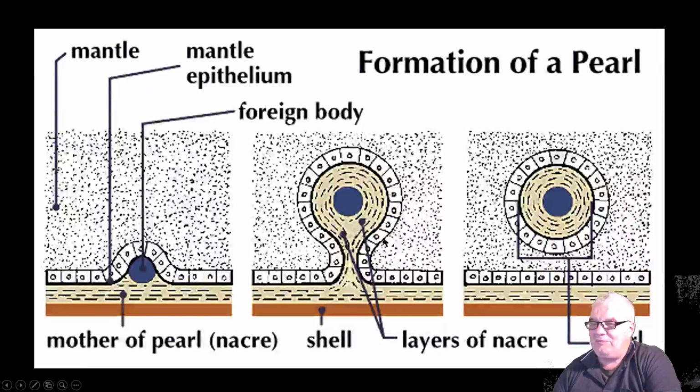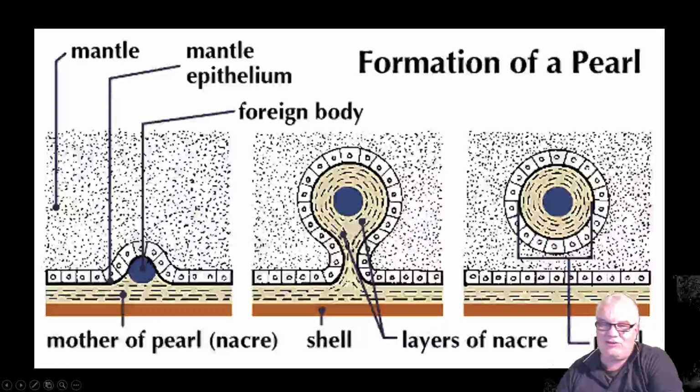And over a period of time, eventually the beautiful pearl forms like this. So that's how the pearl forms. And this is likened to education. It takes the grit of sand to create the pearl.